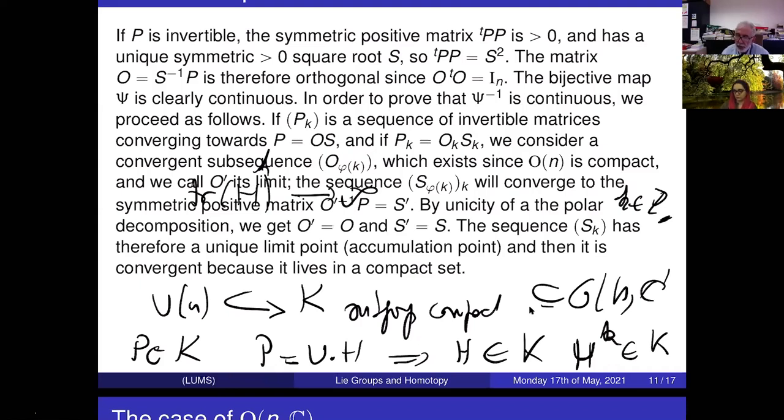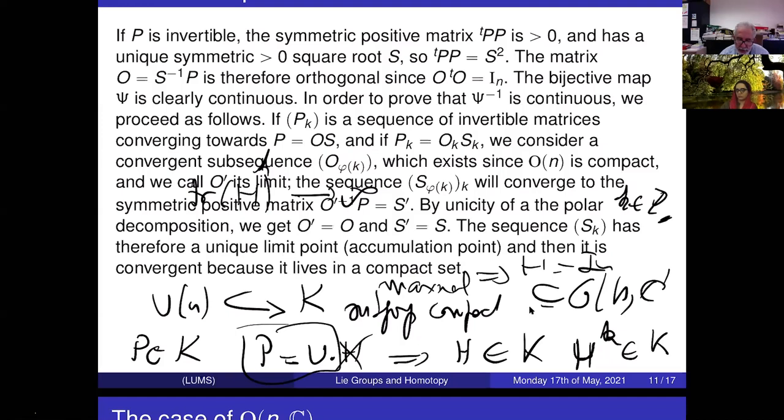So all the eigenvalues are equal to 1, and for a symmetric matrix this means H is equal to the identity. So you see, P is equal to U and P is in K. This is a nice proof that the unitary group is a maximal compact subgroup of GLNC.